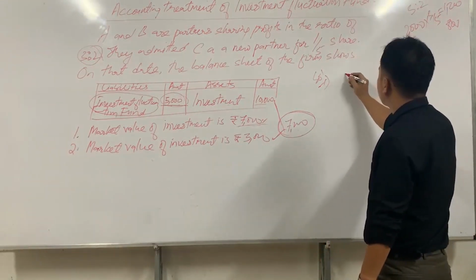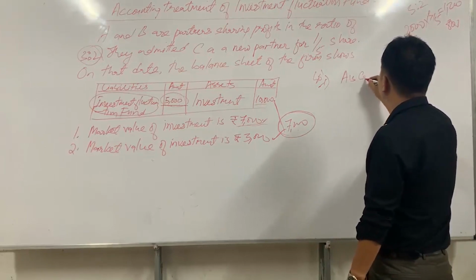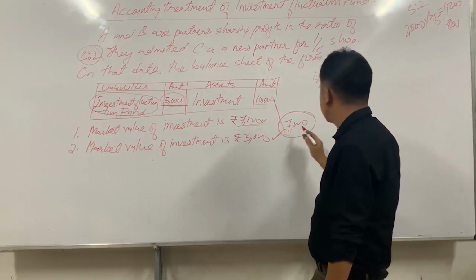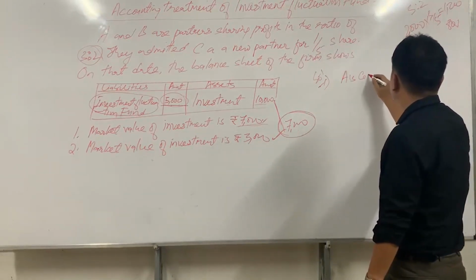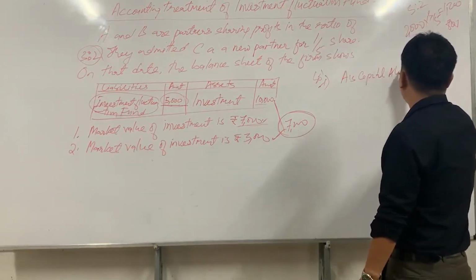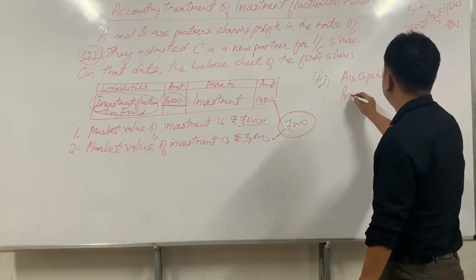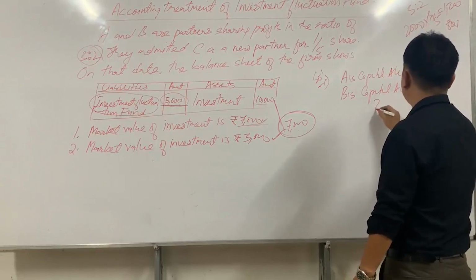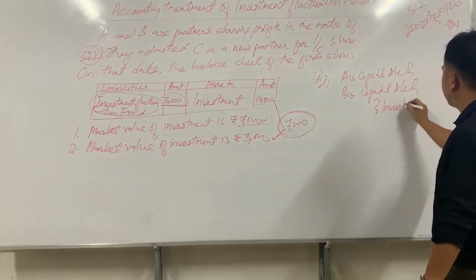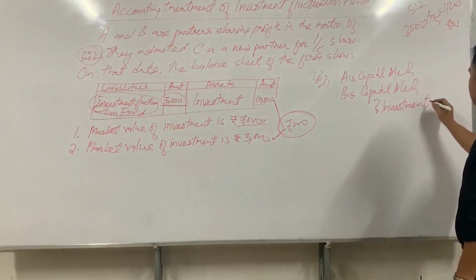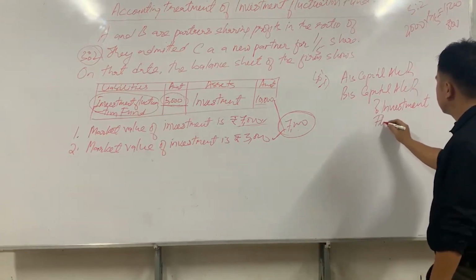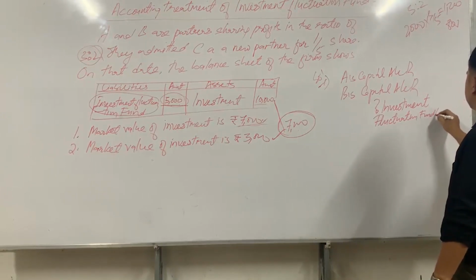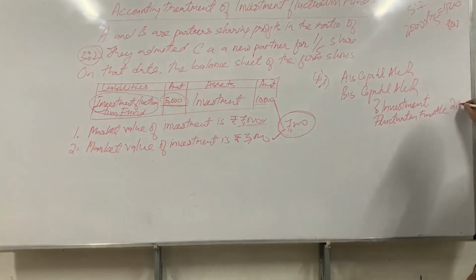So who are all partners? A's capital. There is a shortage of 2,000. So here we write A's capital account DR, B's capital account DR to investment fluctuation fund account rupees 2,000.